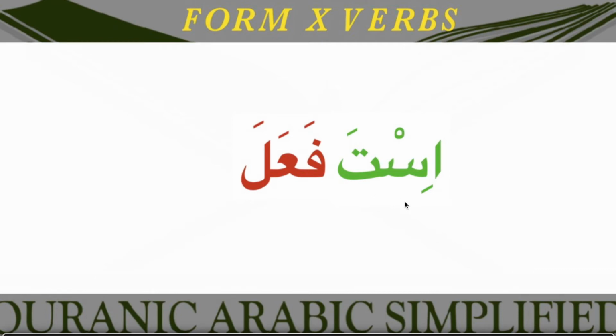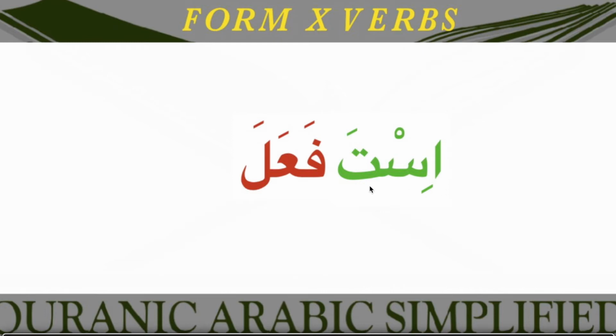One of the explanations which is easy to understand, what I would say, is that the sin here represents that you seek for yourself, so to seek something. So form 10 deals with seeking something, and this ta tells us it is seeking for yourself. And why do we have this alif? It is for phonetic reasons, to make it easy to pronounce. These are some of the reasons which I found, which kind of make sense.